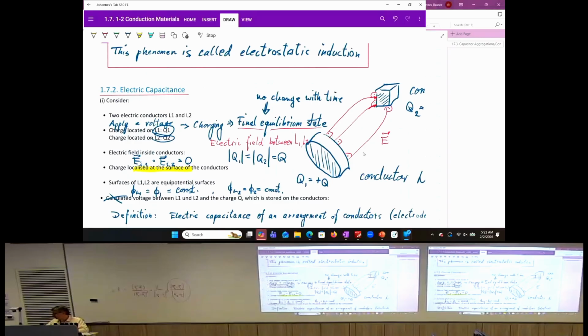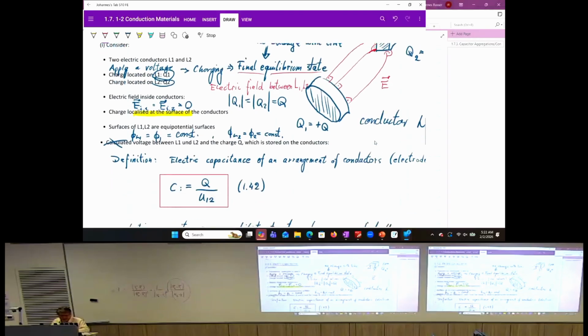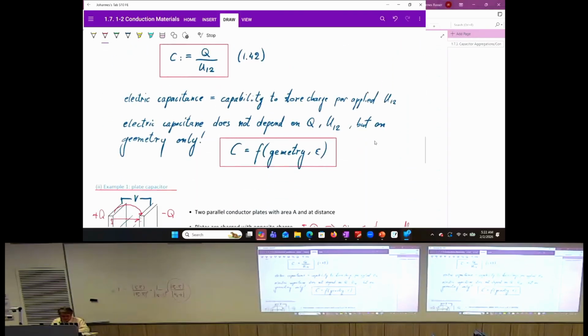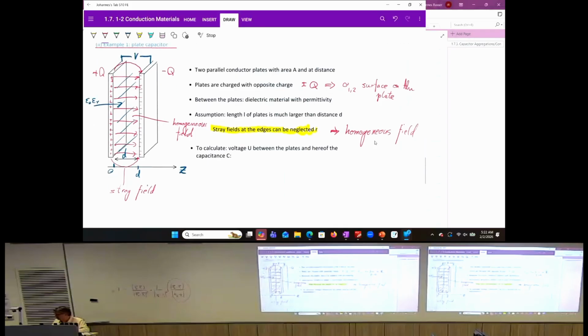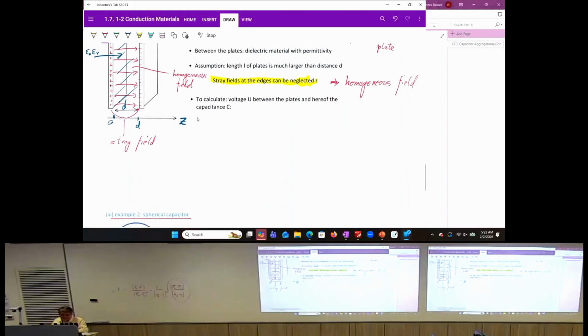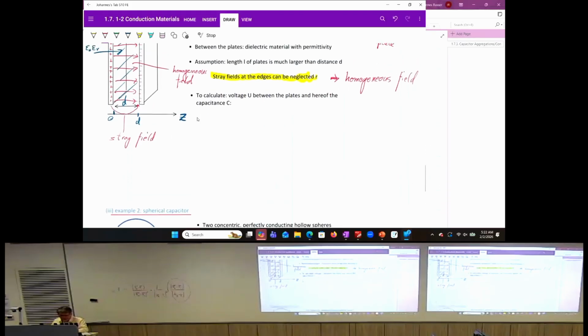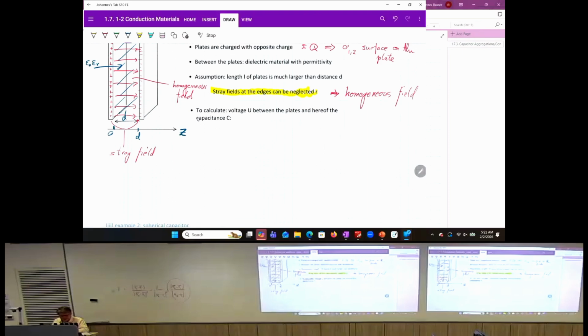Maybe it is in part homogeneous, but overall you cannot assume a homogeneous E field if you have an arbitrary shape of your conductors. But for the parallel plate capacitor, this is a very good example, because you end up with a nice homogeneous field, and you do not really have any stray fields that you usually have to take into account.